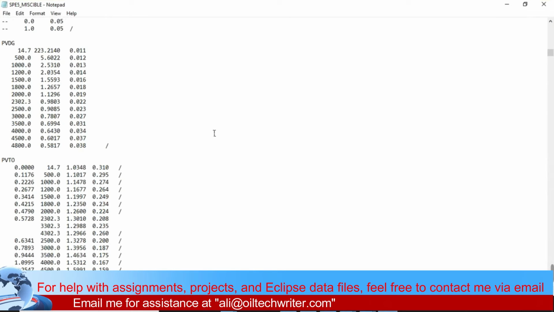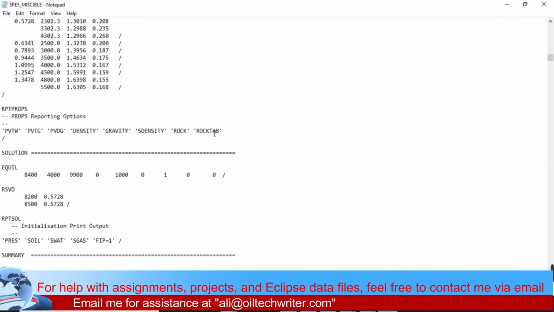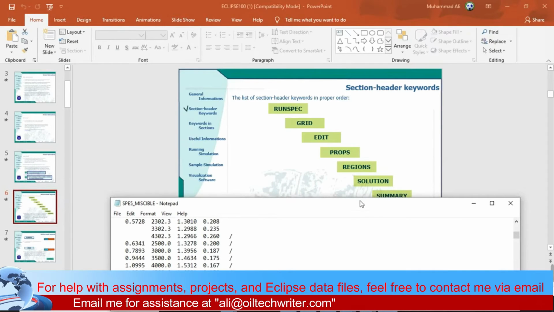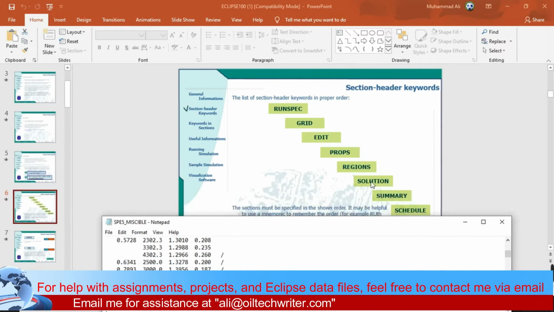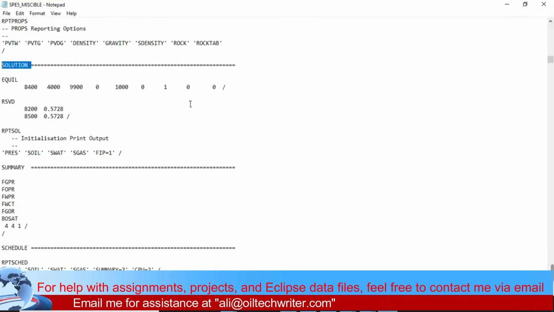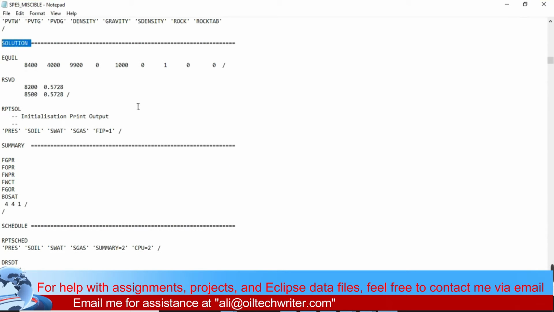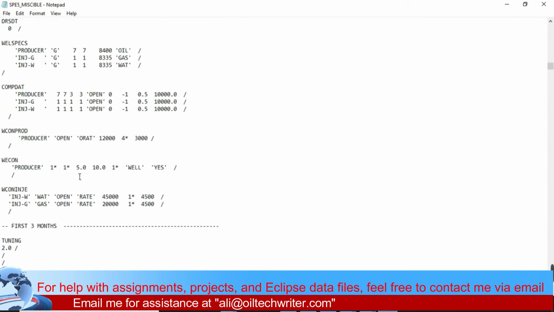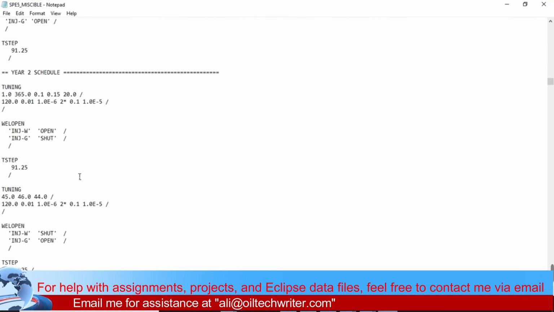Then if you go down further, we have here the solution section. So here we have the props section, the solution section, and then we have the summary and schedule. It's not necessary that all of them should be there, but these are the ones we are talking about right now: solution, summary, schedule.